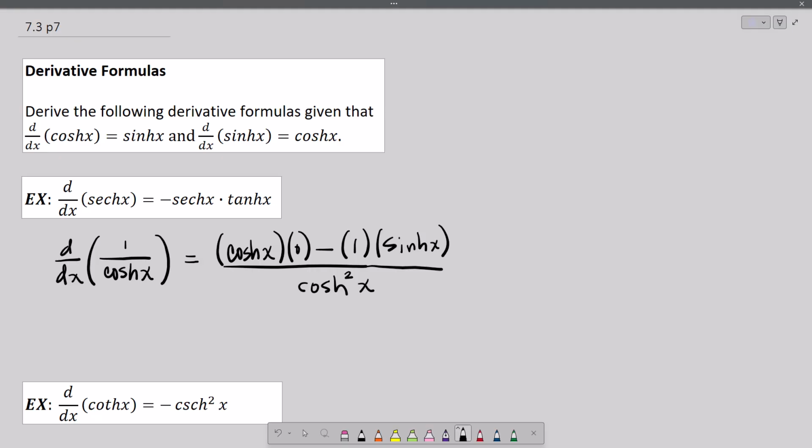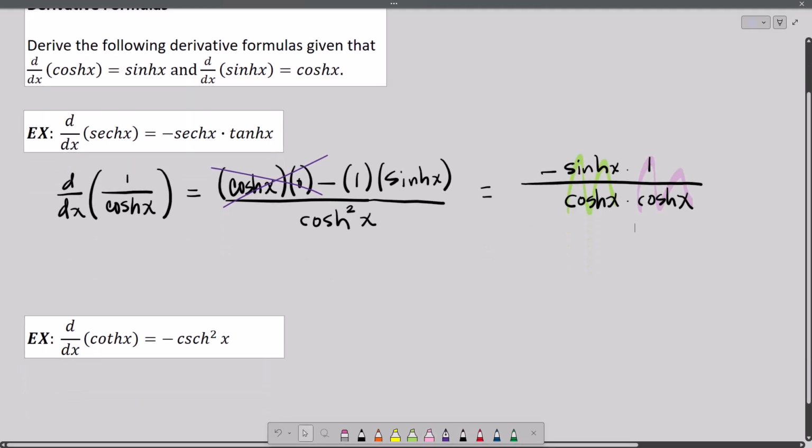Looking in the numerator, we have cosh times 0, which is, of course, 0. That's gone. Then in the numerator we have minus sinh. In the denominator, we just break it into two coshes; we think of it as cosh x times cosh x. And in the numerator, I think of it as sinh x times 1. Then we can form two fractions.